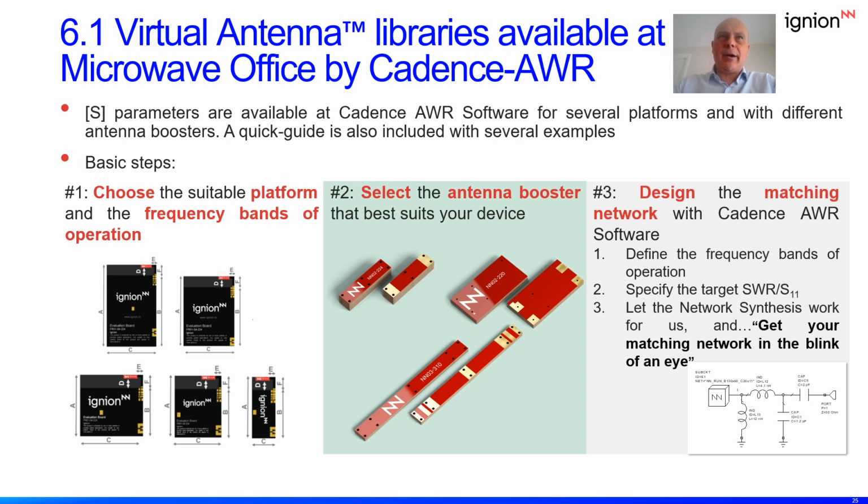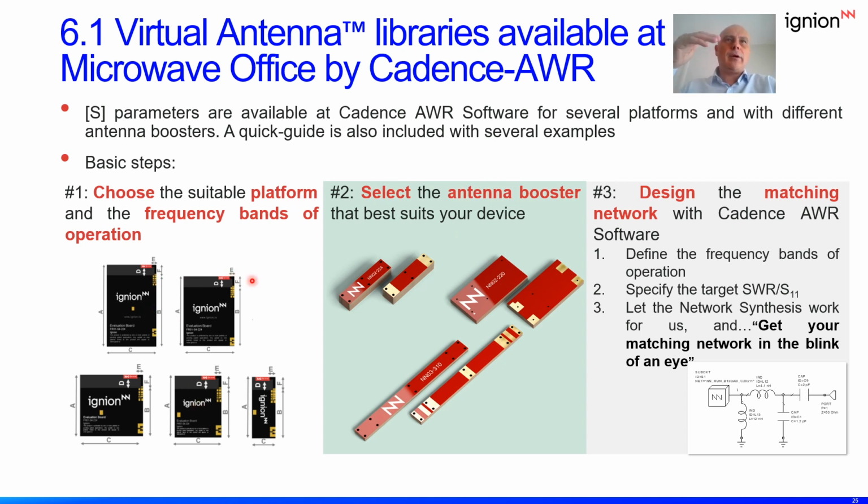It's called libraries. For the first time ever, in the Microwave Office Circuit Simulator by Cadence AWR, we have these libraries, which are a set of files containing S-parameter data representing several PCBs with several antenna boosters.